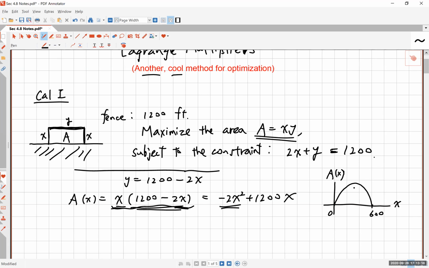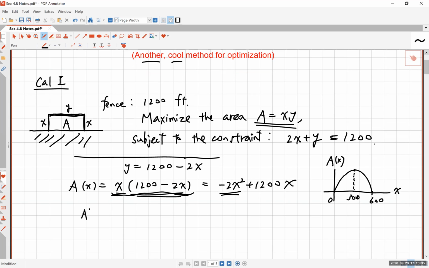Without even knowing calculus, you can do this in a pre-calculus class, because you know the vertex has the x coordinate of negative b over 2a. That's something you learn in a college algebra or pre-calculus class. And the answer must be 300.